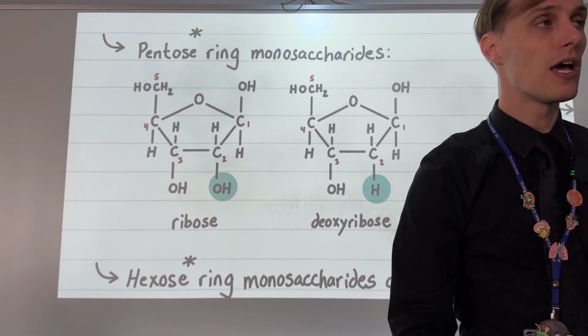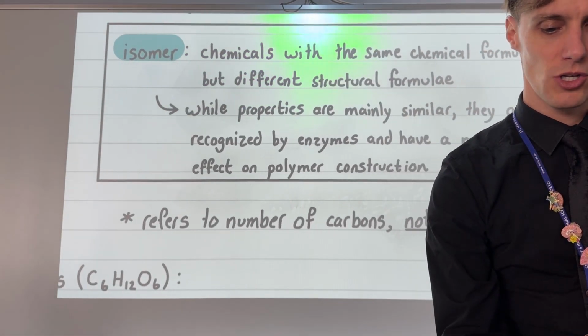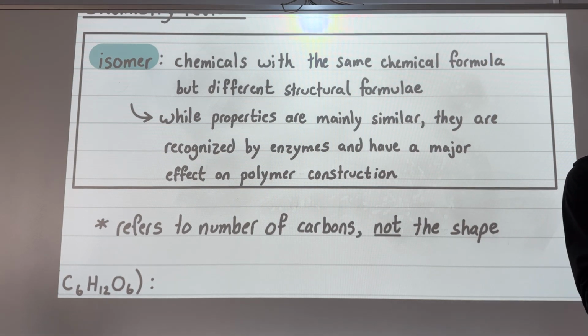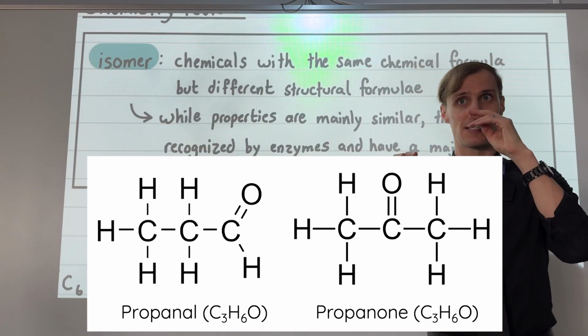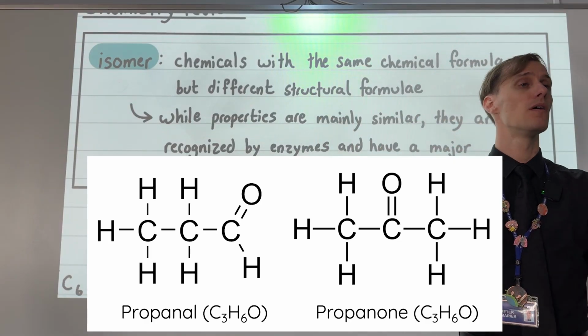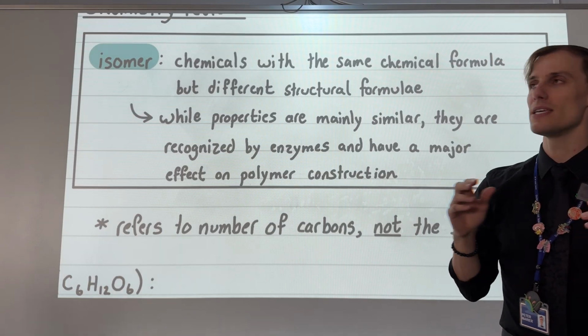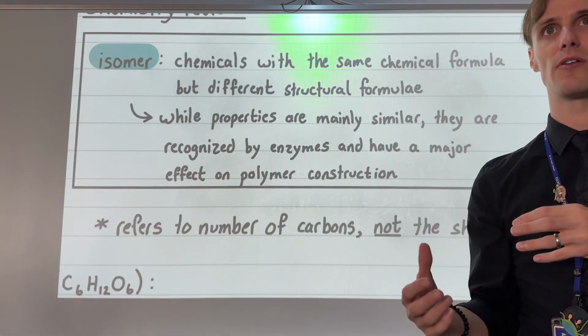Now the other monosaccharides are what I would call isomers. As a review, an isomer is any chemical that has the same chemical formula, so that means it has the same amount of each atom, but they are arranged differently. So in these cases, a lot of the monosaccharides are actually isomers of each other.